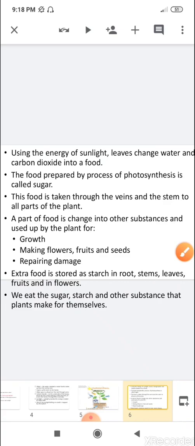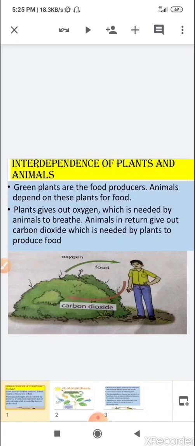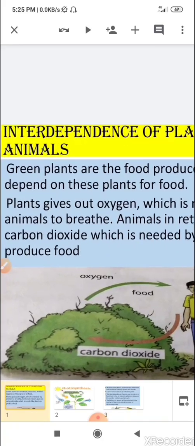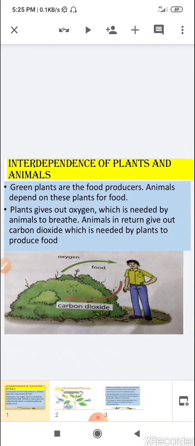So children, today we are going to learn how plants and animals depend on each other. Today we are going to learn about a new topic. Our new topic is interdependence of plants and animals.